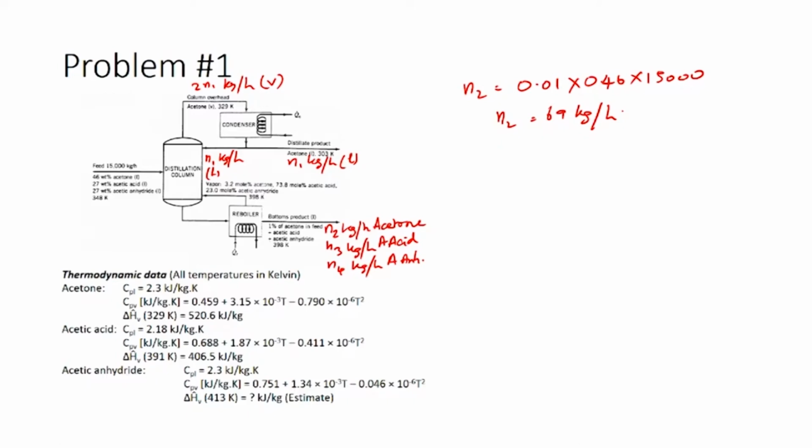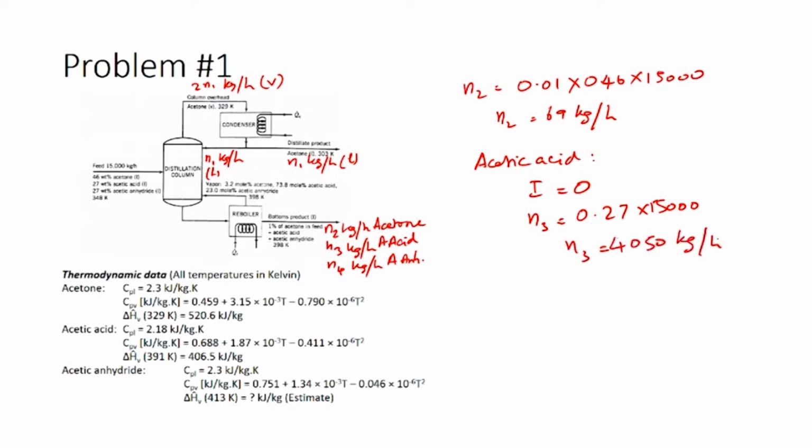Now we need to calculate how much of acetic acid and acetic anhydride are actually leaving through this stream. So we need to write an acetic acid balance. Acetic acid balance would be input equals output which would be N3 equals 0.27 times 15,000. As acetic acid and acetic anhydride are leaving only through the bottoms product for the overall system, this calculation is simple and we can get N3 as 4050 kilograms per hour.